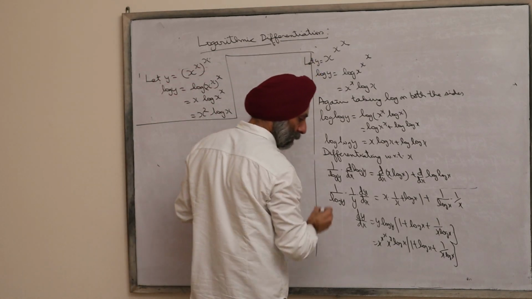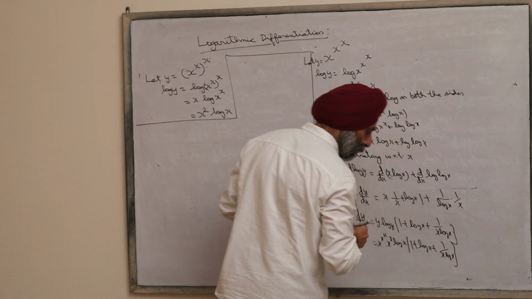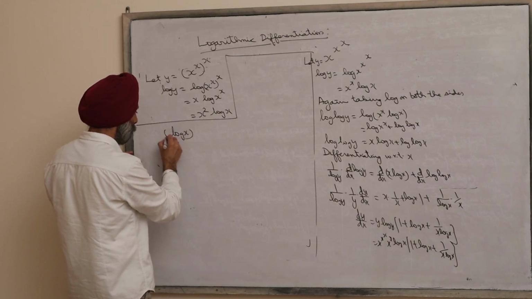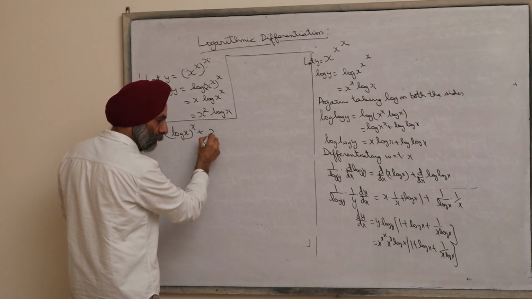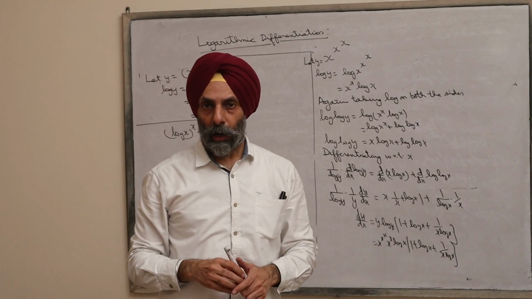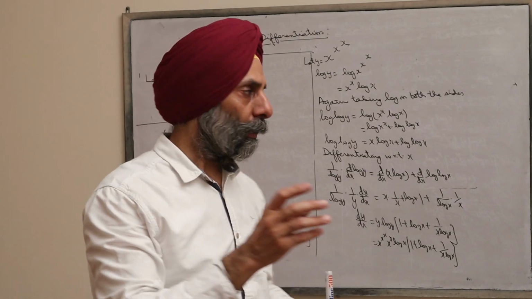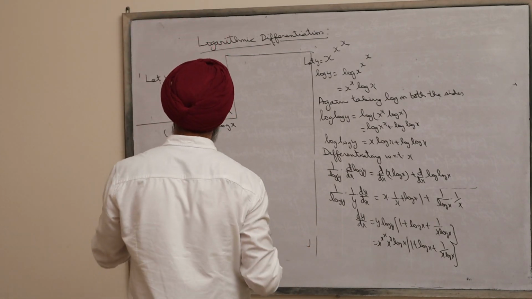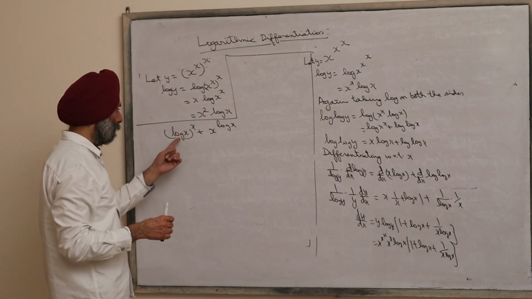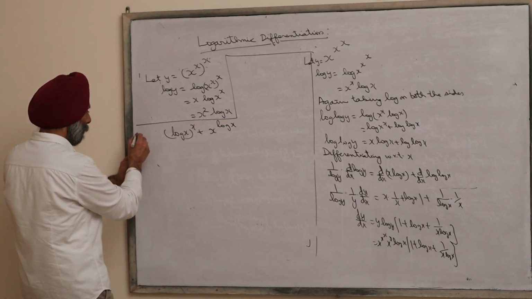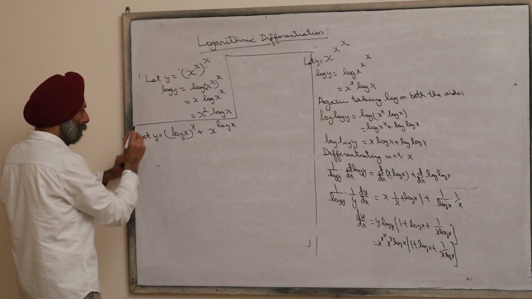Now next one is, let's say we want to differentiate x raised to power x plus x raised to power log x. Now how to differentiate when it is a sum or difference of two functions which are written in the form of variable raised to power variable here. Let us take y is equal to this here.